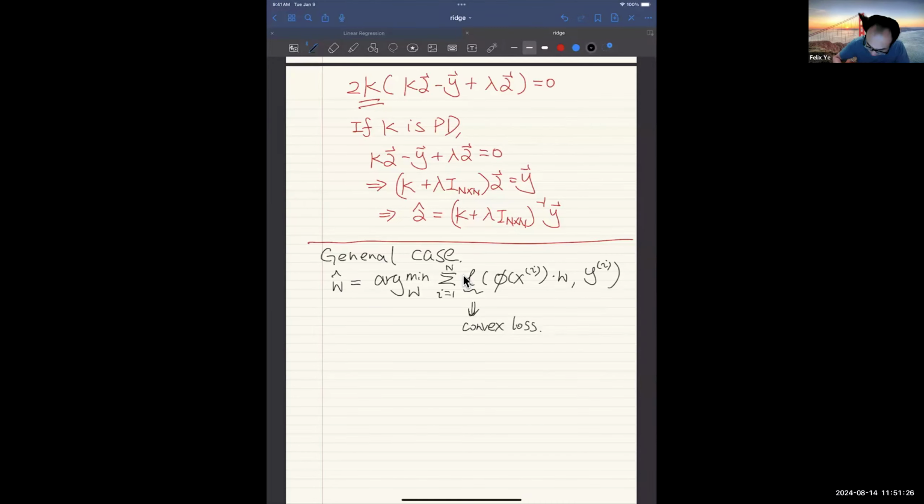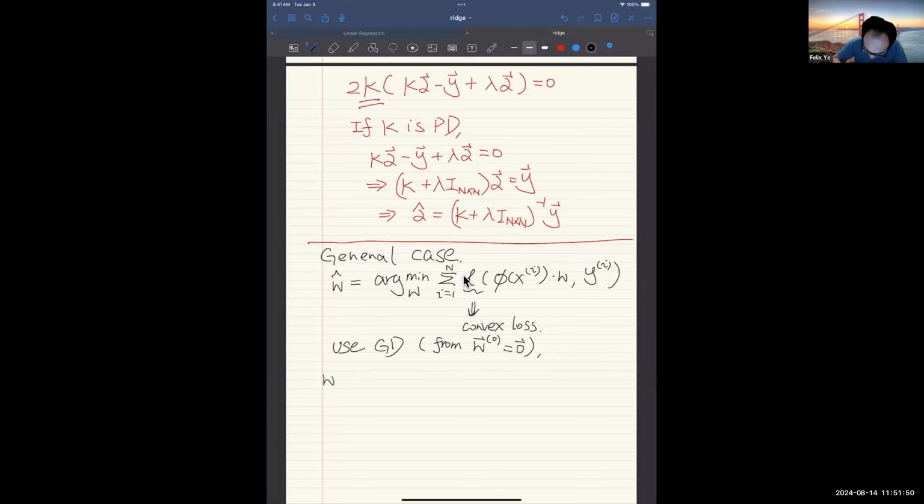And we can use the gradient descent algorithm, starting from some initialization W0, from the zero vector, to work on the gradient descent.